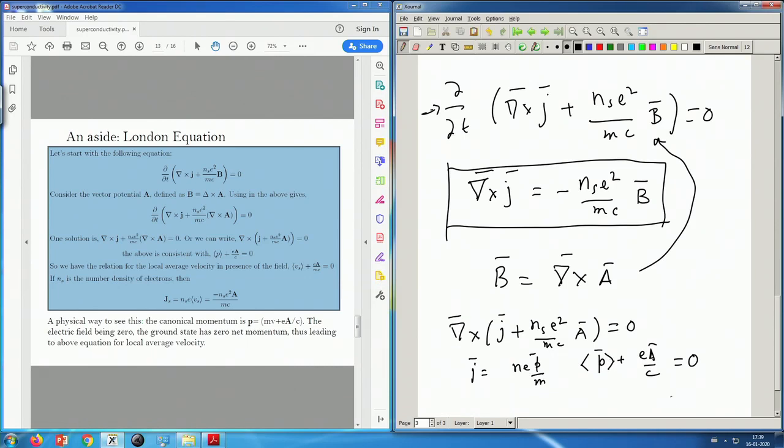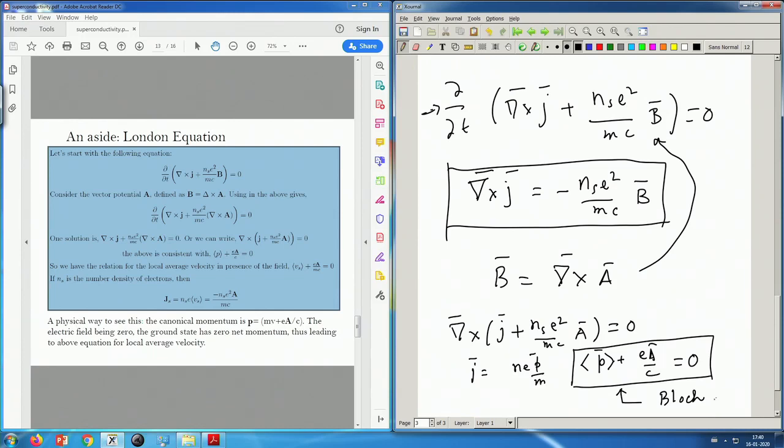Then this equation tells you that the total average momentum is 0. So, this is the canonical momentum, and its being 0 says that the ground state has zero net momentum. There being no electric field inside, this is what was originally predicted by Felix Bloch, that this is how the ground state should be, that it should not carry any net momentum.